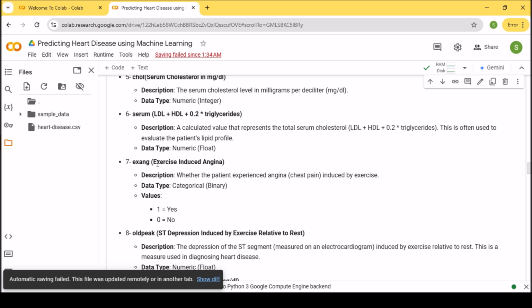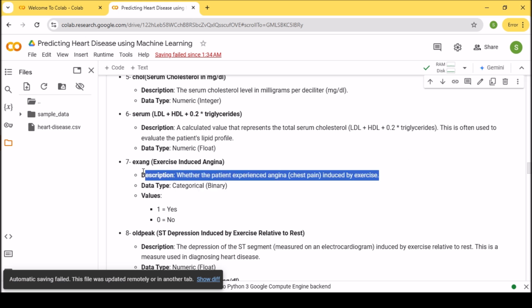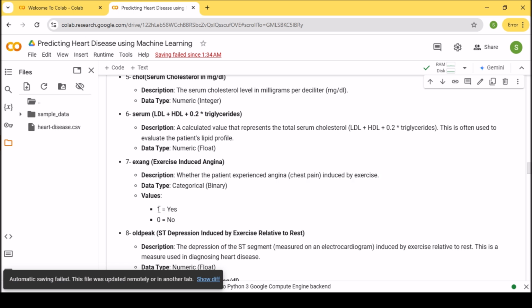Exang examines whether a patient has experienced chest pain when doing an exercise, and comes in the shape of a categorical value like yes and no, 1 and 0.